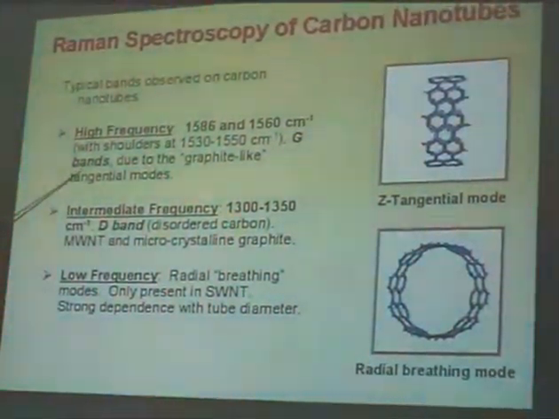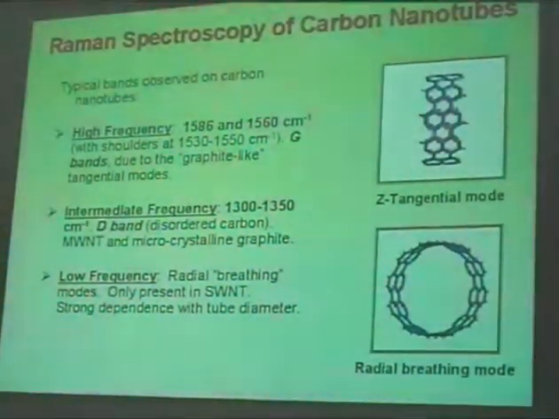That appears on all well-structured graphite deposits. In the intermediate frequency, there is a very important D band that measures the disordered carbon. So a very nice way to look at selectivity, how much of that is ordered, how much is forming either microcrystalline graphite or fibers, is the D band.